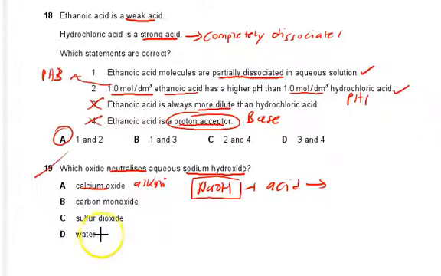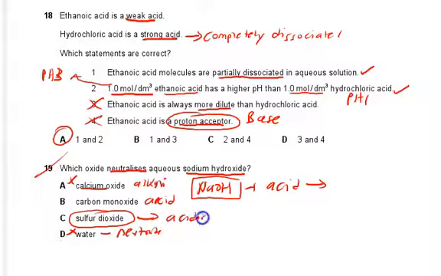Water is neutral. So A and D are wrong. For B and C, carbon monoxide, even though it is acidic, is not as acidic as sulfur dioxide. Sulfur dioxide is very much acidic compared to carbon monoxide. So this is the best answer here.